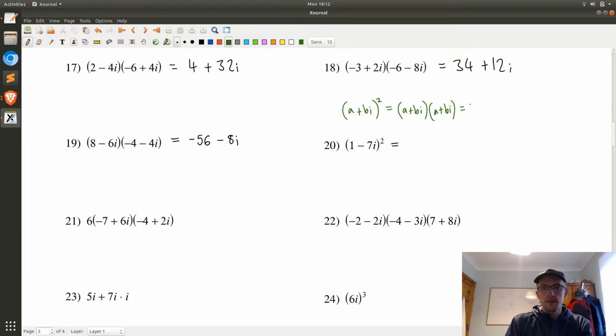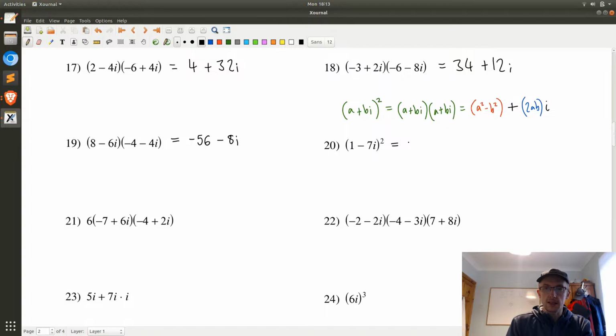Okay, so the real part is going to be a squared take b squared, because i times i is -1. And the imaginary part is going to be 2ab. There, that's the general form.